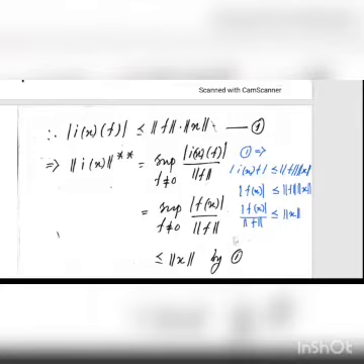So when you take the supremum over f not equal to 0 of this quantity, modulus of f of x by norm of f, it should be less than or equal to norm of x, right? So this quantity is less than or equal to norm of x, we got.